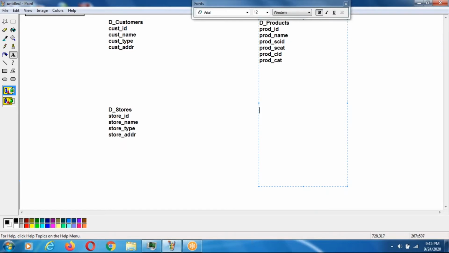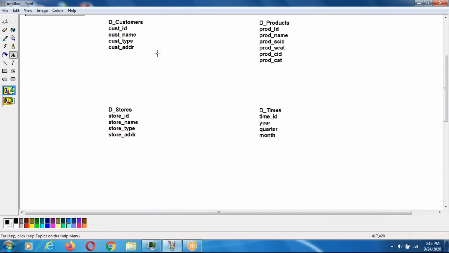So there is a possibility a dimension table can have more than one key also. So here I took three keys. Next, D underscore times table. It is consisting of time ID, year, quarter, month.